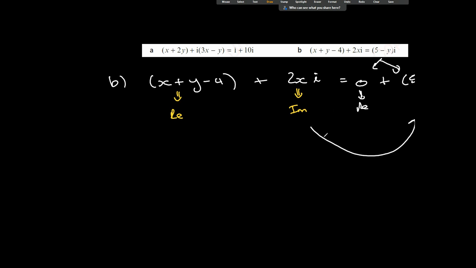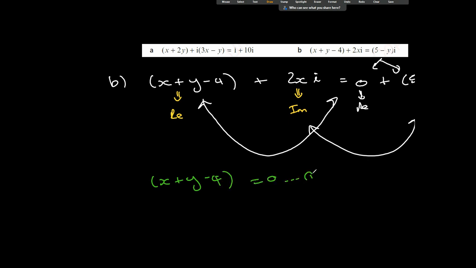Let's bring these two and equate the coefficients, and bring those two and equate the coefficients. So if we do that, it's going to be x plus y minus 4 equals 0, equation number 1, and 2x is equal to 5 minus y, because that's what's in front of i. And that's equation number 2.